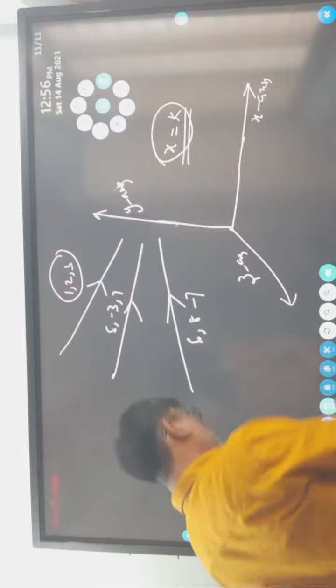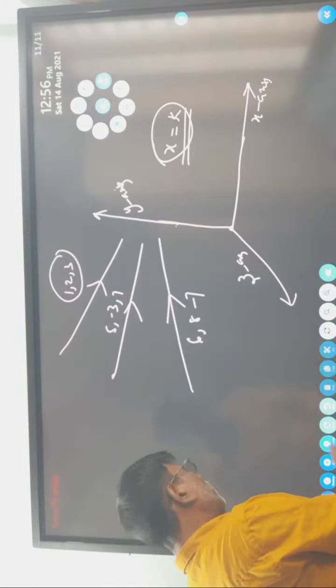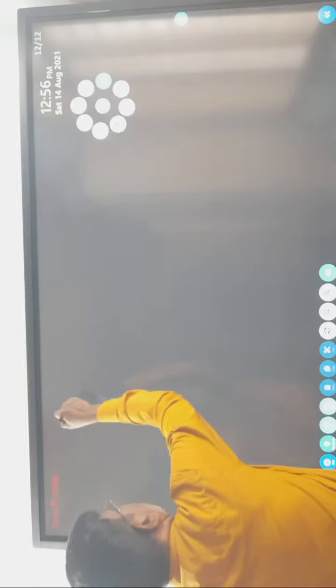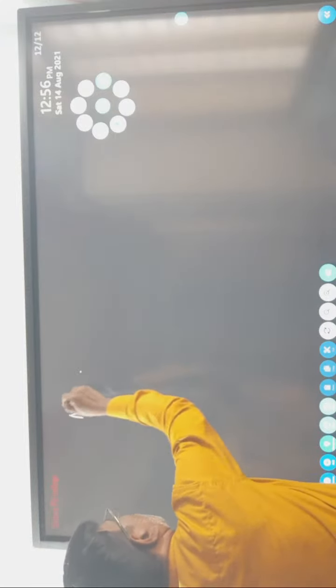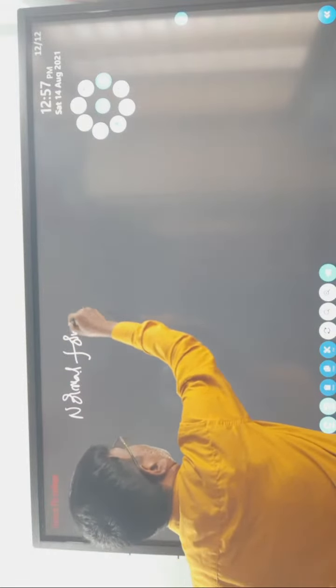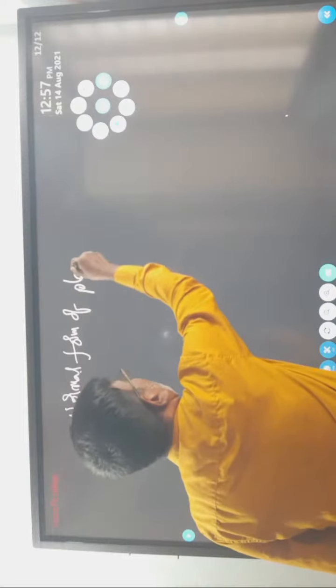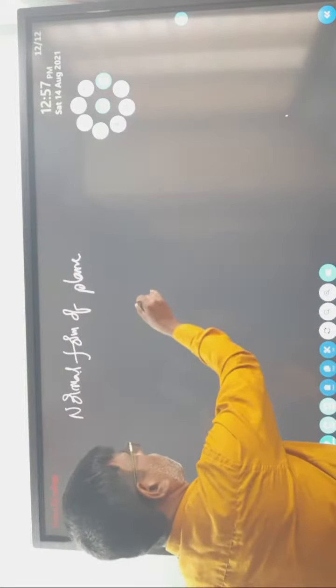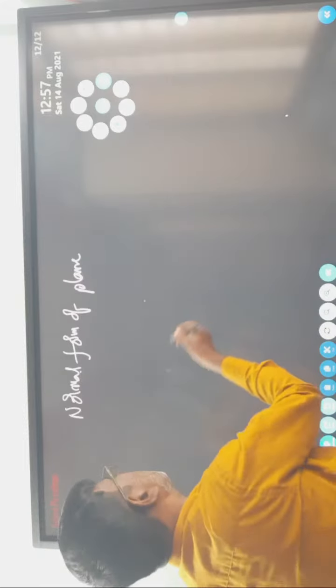Now, what is the normal form of the plane? Suppose the plane is like this, and this is the normal to it. Suppose a, b, c are the direction ratios.